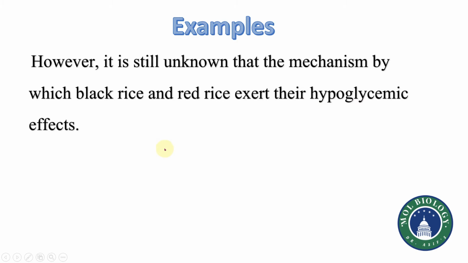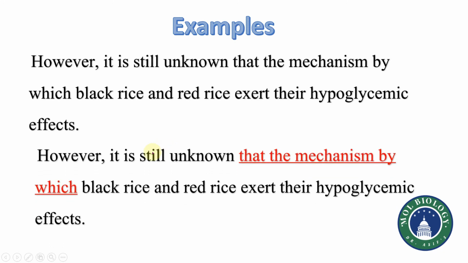Can you identify the mistakes of "that" and "which"? Here we can see: it is still unknown that the mechanism by which. So "that" and "which" are being used together. In scientific writing, it is not good.